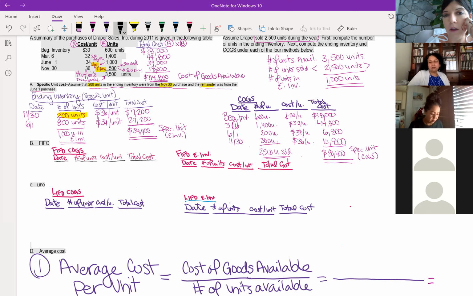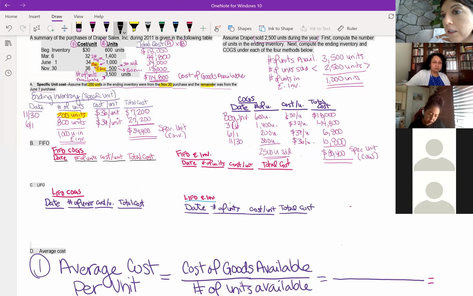Yeah. Okay. But this method is rarely used, right? Yes. This method is rarely used except for certain specific companies that have more high-end inventory, smaller quantities of inventory, because it is a pain to do that. That one was pretty difficult on the homework.